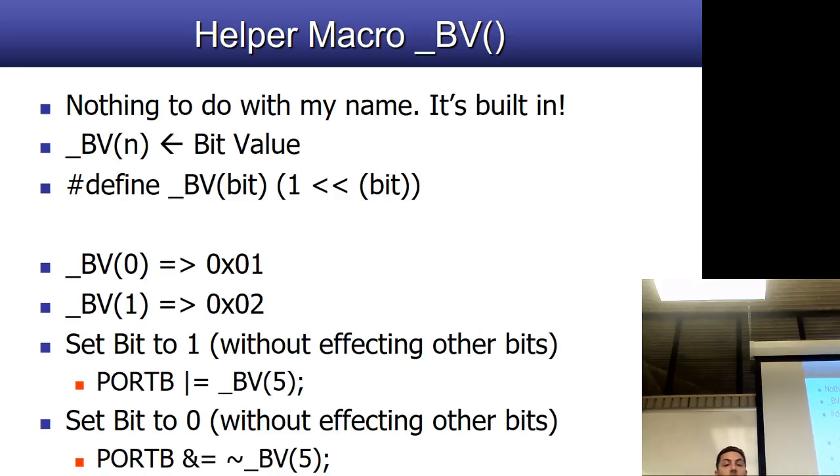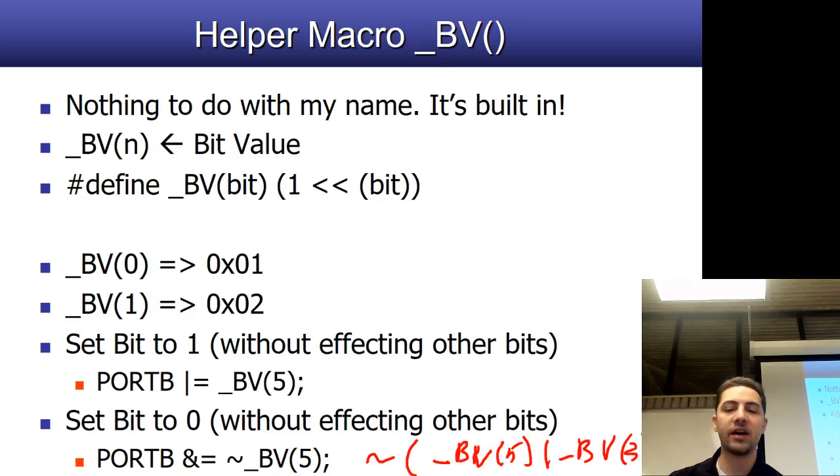If you say _BV5, it will automatically make the mask that has a 1 in position 5. All right? So it makes it very easy. You can just do that. If you wanted to do multiple bits, you would say something like tilde, open parenthesis, _BV5, or _BV3, or whatever your bits were. Okay? But the important thing is those parentheses for that tilde. You want to invert the whole thing after everything has been ORed together.